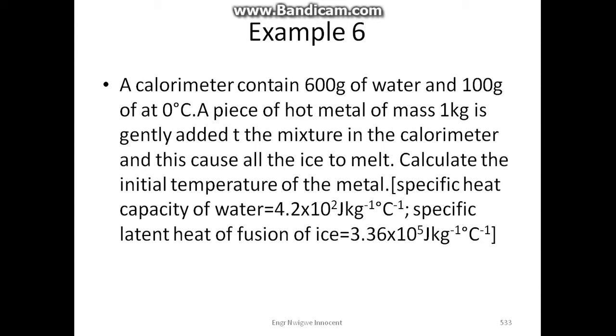Calculate the initial temperature of the metal, taking the specific heat capacity of water equal to 4.2 times 10 raised to power 2 joule per kilogram per Celsius. Specific latent heat of fusion of ice equals 3.36 times 10 raised to power 5 joule per kilogram.